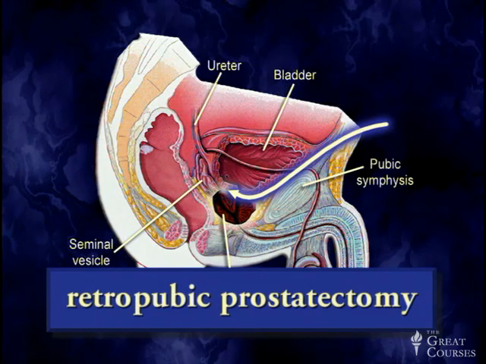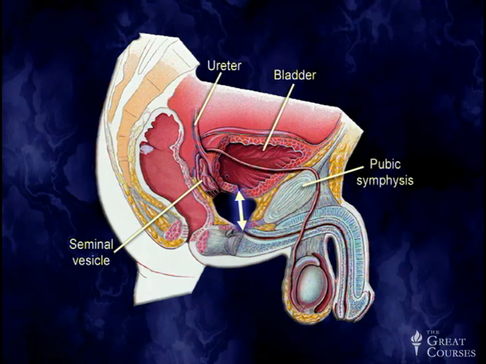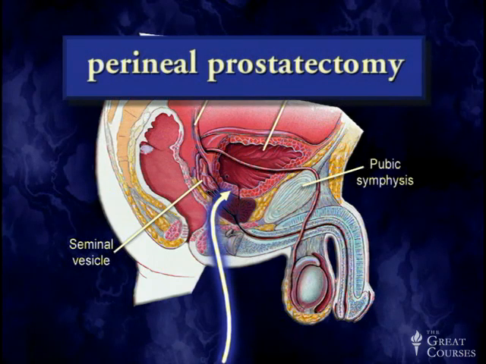And this entire gland can be taken out with its cancer, and the urethra reconnected. Usually these patients are left without sexual function because the nerves that supply ejaculation and erection may be injured in taking them out. You can also go between the rectum and the base of the penis, called a perineal approach, and come up from the bottom and do the same thing.